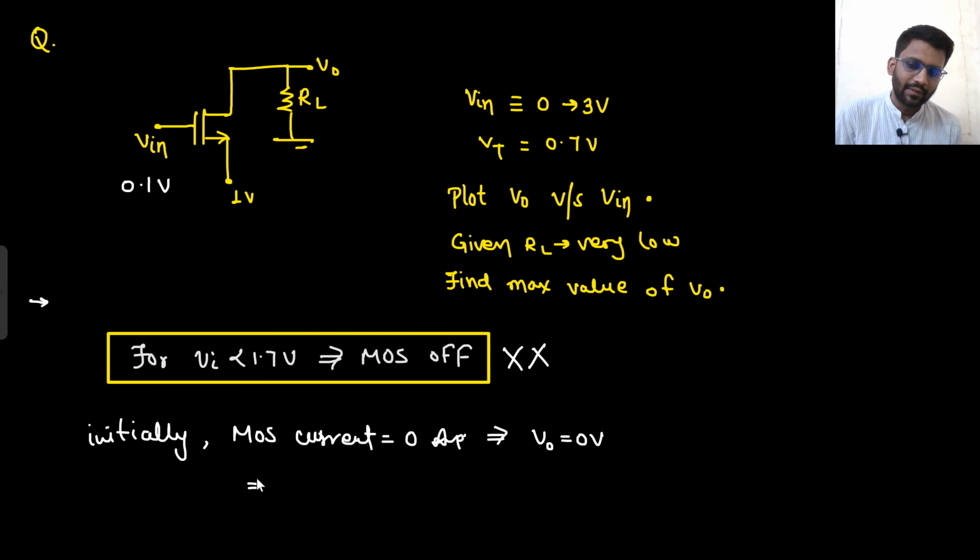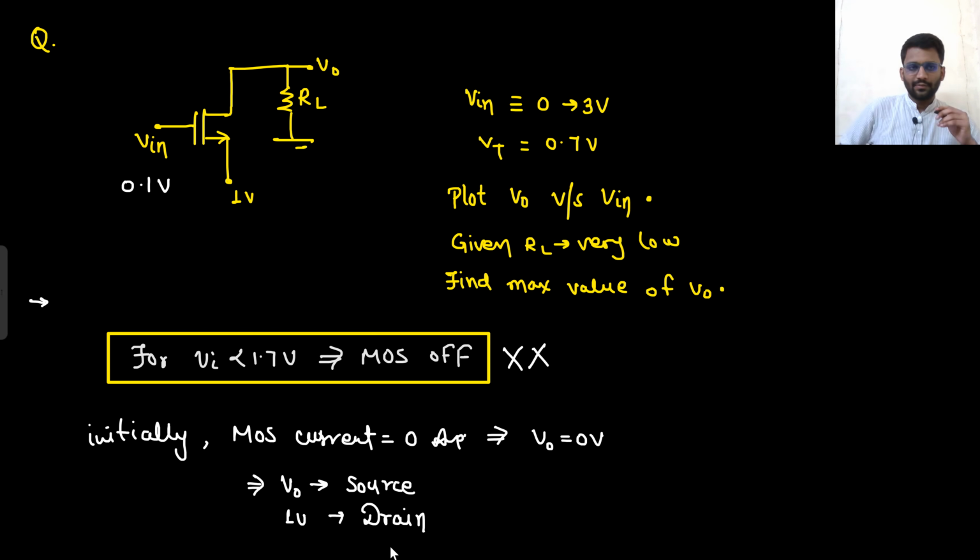What will happen? V0 will become source, because that is at lower potential, and 1 volt would become drain. Right? Tell me one thing. Can this ever be source? Can this ever be source?